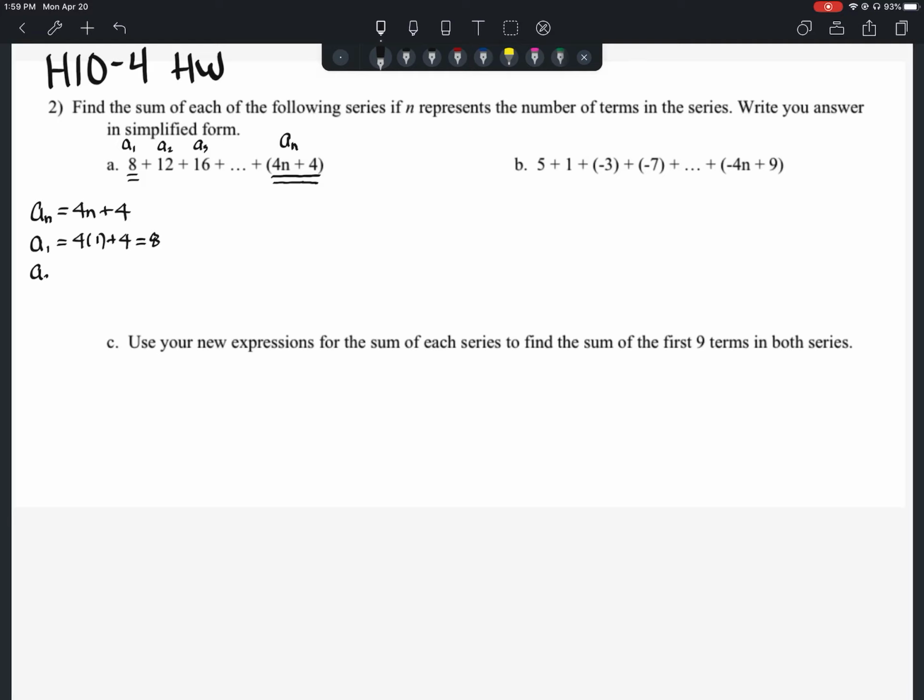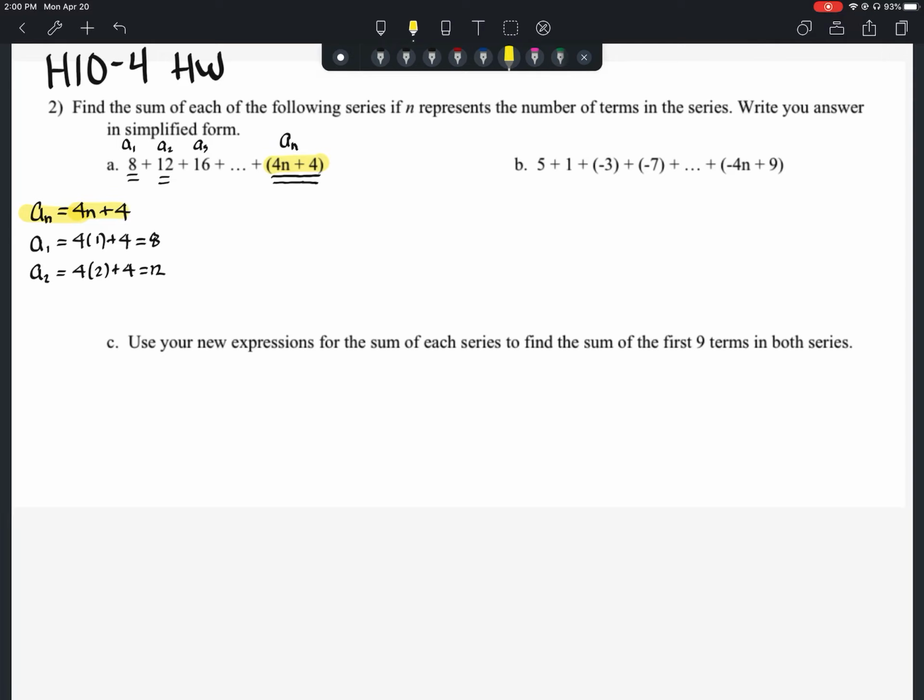If I plug in 2, a sub 2 is 4 times 2 plus 4, which ends up being 12. That gives us our second term. So this right here is just our a sub n equation for this series.